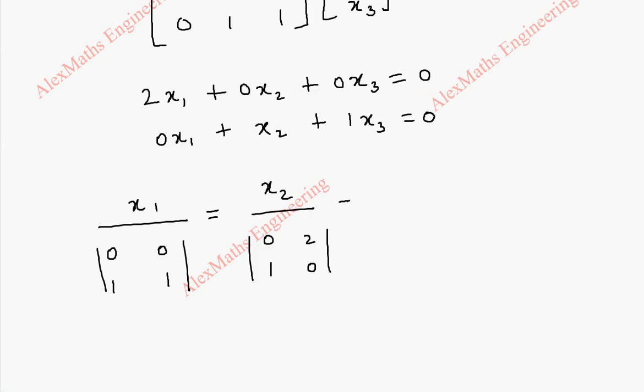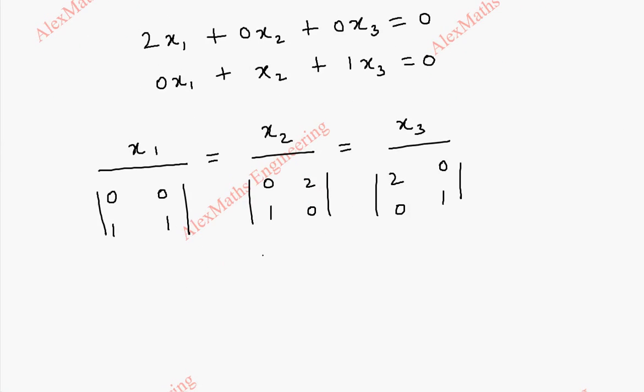Then coming to x3, we get 2, 0, 0, 1. By evaluating these determinants, we get x1 by 0, x2 by 0 minus 2, which is minus 2, and x3 by 2 minus 0, which is 2.